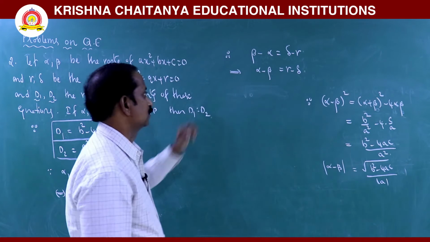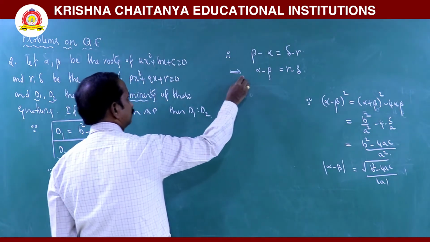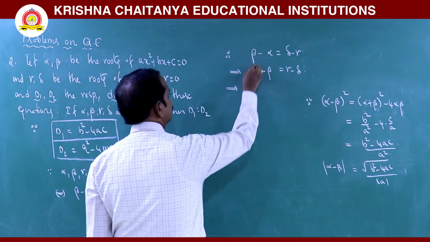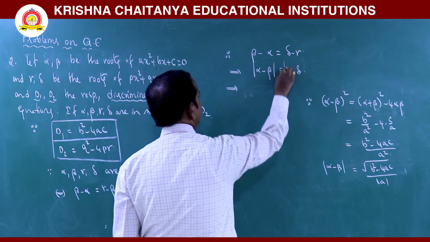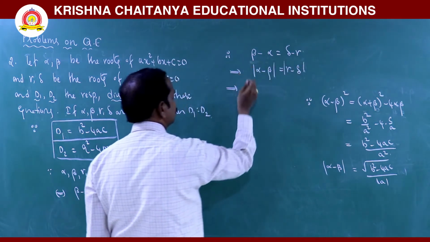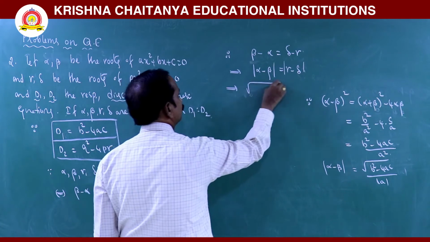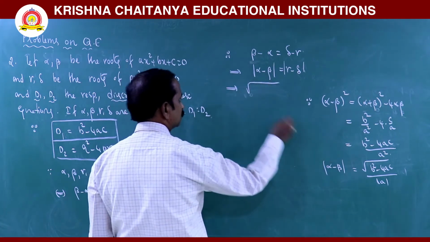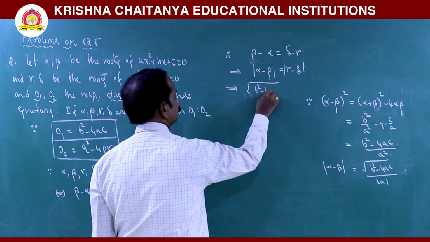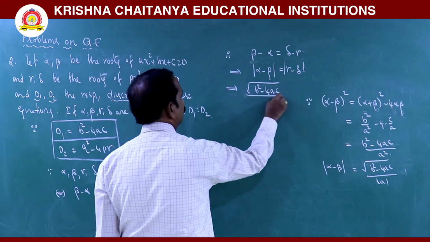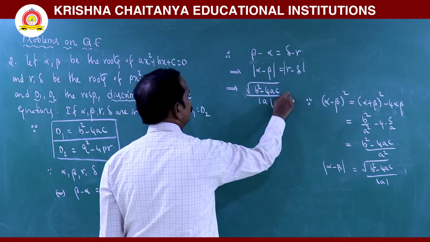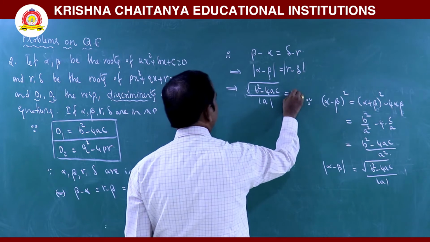Now use the modulus of alpha minus beta. Let us consider modulus on both sides. Modulus on both sides, we get root over b square minus 4ac divided by mod a is equal to modulus of gamma minus delta.